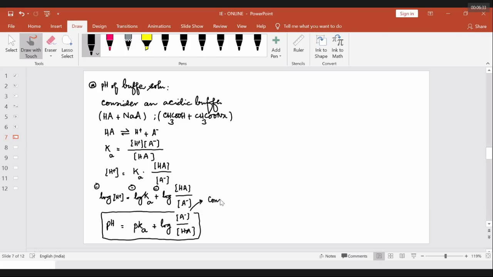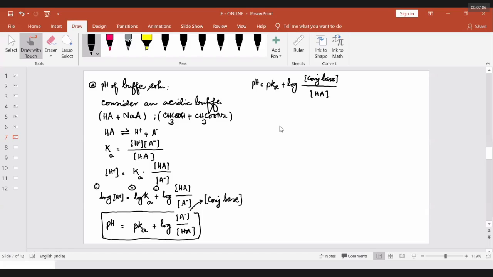It is given as conjugate base, a new way of learning: we are not saying concentration of acetate ion, we are talking about concentration of conjugate base. Therefore, whenever we are writing pH value, please take care of that. pH is equal to pKa plus log of concentration of conjugate base of weak acid by concentration of HA.